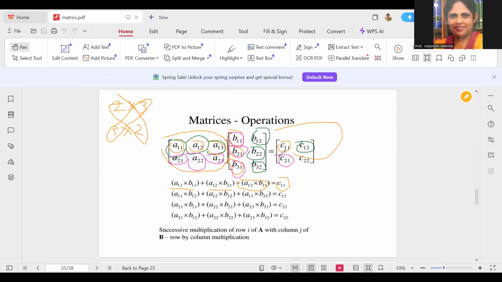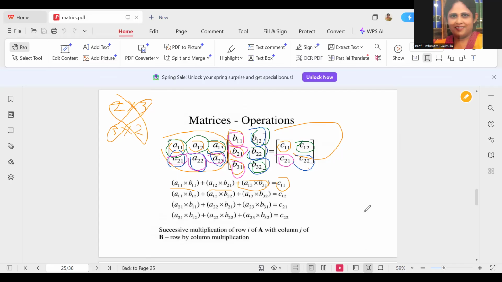Then the final element we get by multiplying the second row values with the second column, right? A21 and B12, and A22 multiplied by B22, right? Next we add the product of A23 and B32, right? So adding all these multiplied values, we can get C22, right?